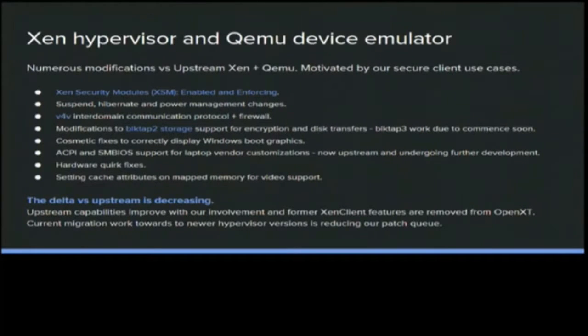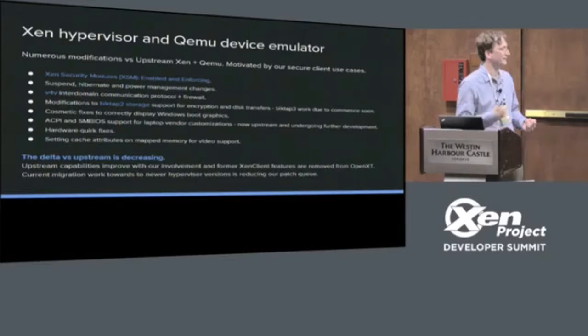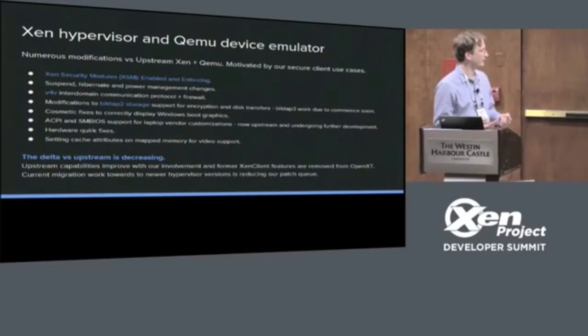So the list is actually decreasing as the capabilities of Xen advance and become a better fit for our requirements, as we retire some of our requirements. But the kind of things that are currently in our patch queue are enabling and enforcing the Xen security modules.